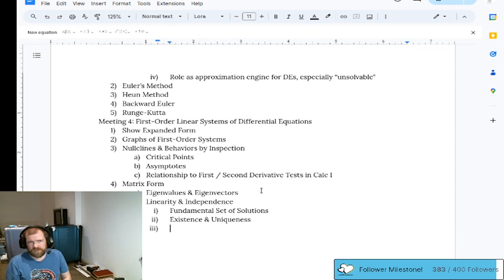And how can we tell it's unique? If it is continuous and its derivative is continuous or something like that, then it ends up being unique. So there's no other way to get a different solution to the same differential equation.